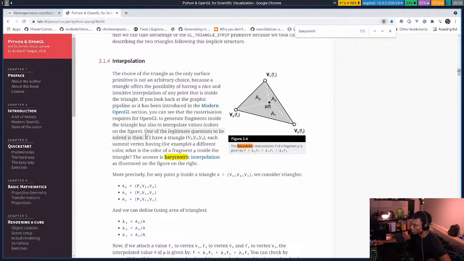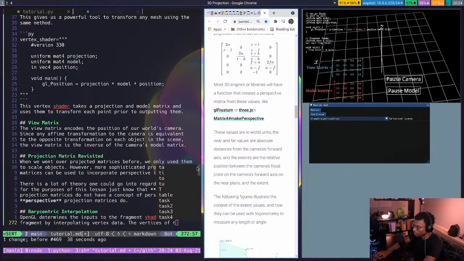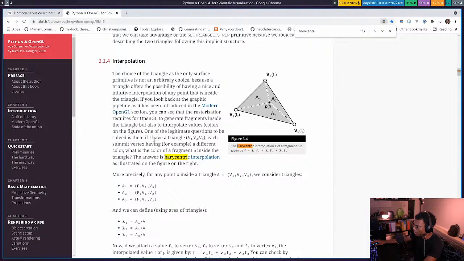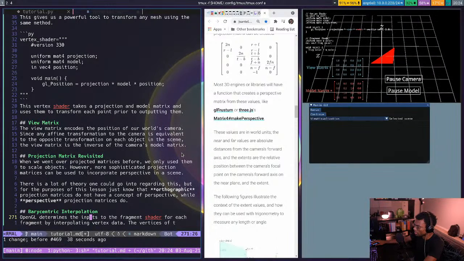One of the legitimate questions we solved is then, if I have a triangle, each summit vertex having, for example, a different color, what is the color of a fragment P inside the triangle? The answer is barycentric interpolation as illustrated. I think that's pretty much what I wrote. If I have a triangle, what's the color of a fragment inside the triangle?